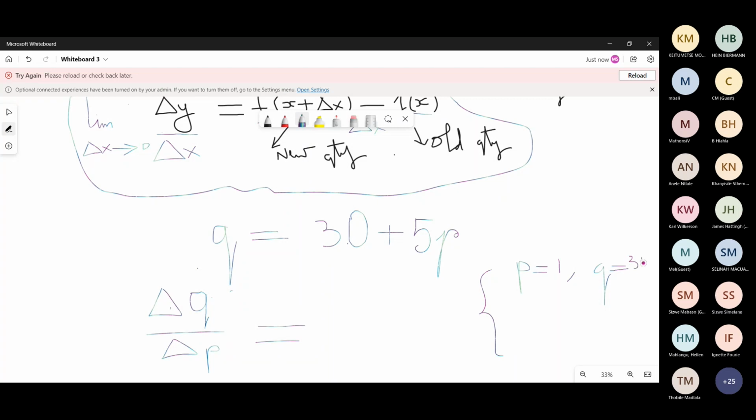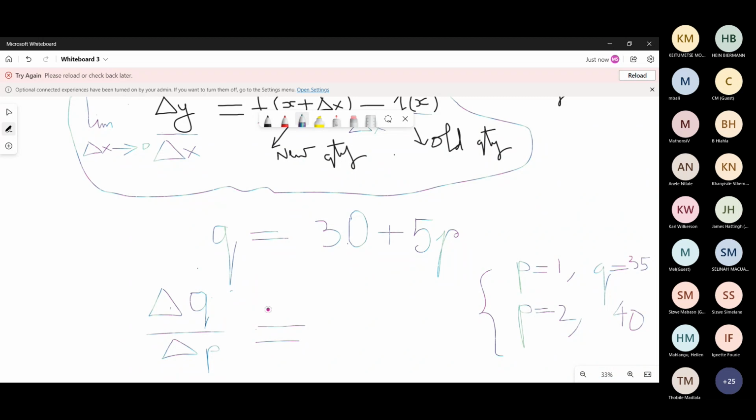Take another quantity, P equals 2. What is the answer? Q is going to be 40. Now take the difference.